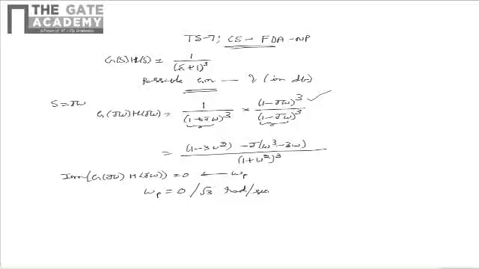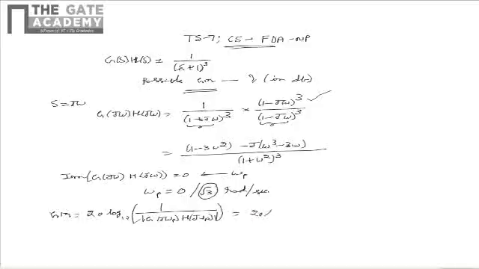So, upon considering the phase crossover frequency of root 3 radians per second, we see that the gain margin Gm is equal to 20 log 10 1 by the absolute value of G(j omega p)H(j omega p).